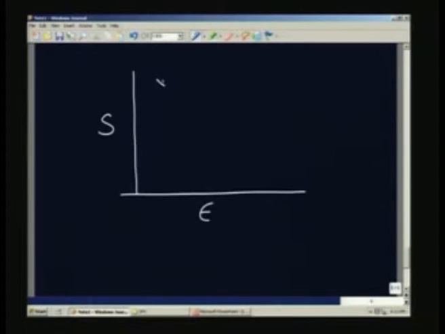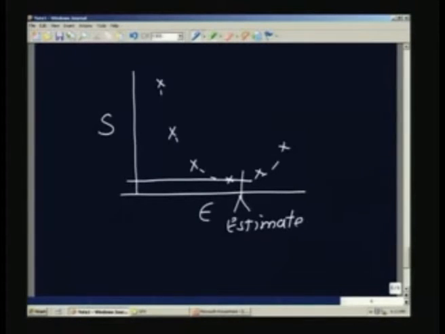So, I might get a value like this and like this, and after some time it will again start going up. Therefore, I will go to the bottom of this curve, and this is the best estimate for the emissivity.